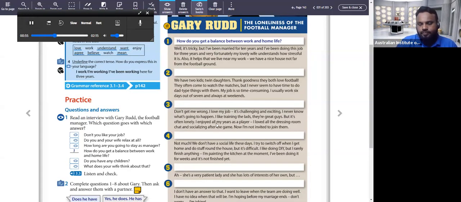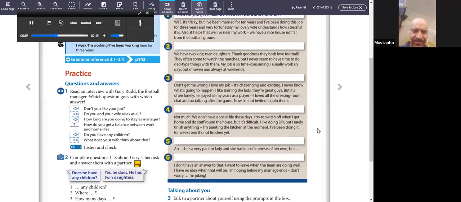Okay, let's play. Don't you like your job? Don't get me wrong, I love my job. It's challenging and exciting. I never know what's going to happen. I like training the lads. They're great guys. But it's often lonely. I enjoyed all my years as a player. I loved all the dressing room chat and socialising after the game. Now I'm not invited to join them. Do you and your wife relax at all? Not much. We don't have a social life these days. I try to switch off when I get home and do stuff around the house, but it's difficult.